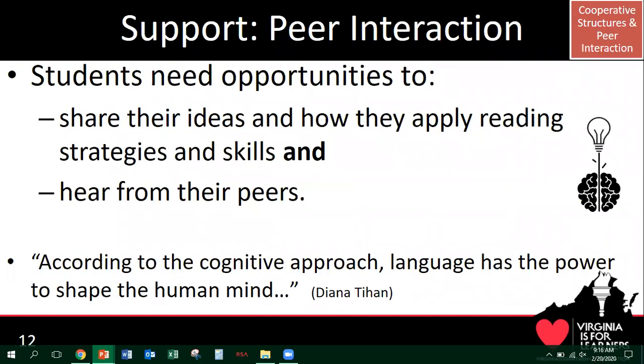One of those supports starting out is peer interaction. Part of getting students involved and engaged in lessons is giving them an opportunity to discuss the content with their peers. There's also research and literature on how these help students to develop cognitive skills. I think I've heard before, growing the brain, in terms of when they have the opportunity to hear multiple ideas, different ideas, and the opportunity to share them.